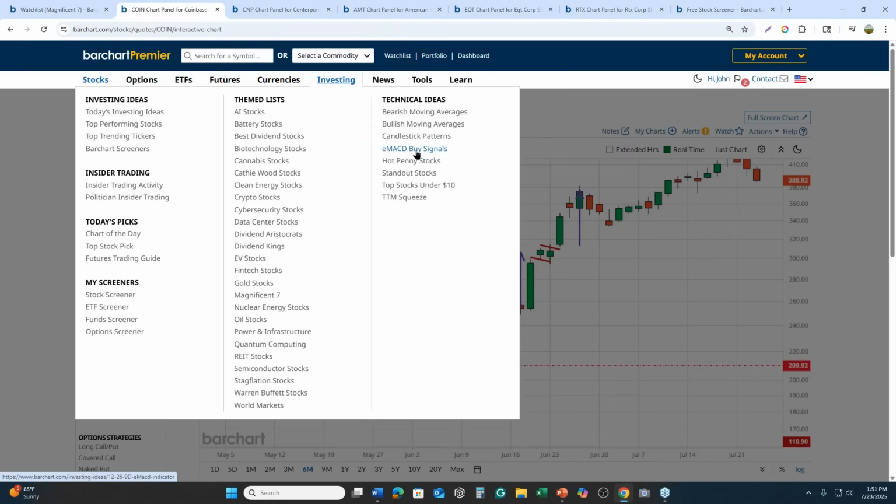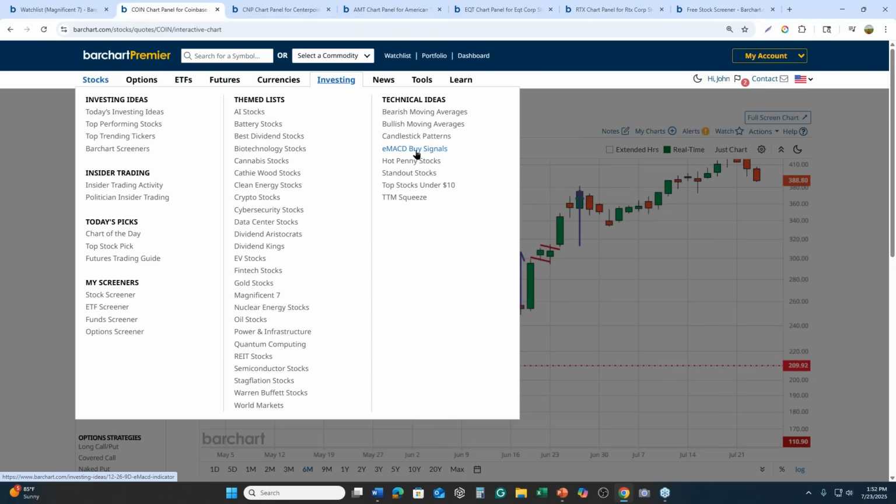So what you could do here is look for those stocks that are creating that new buy signal in the MACD, and then look for those where the MACD is positive, above the zero line, and then see which one of those might be one of these patterns that we just talked about.